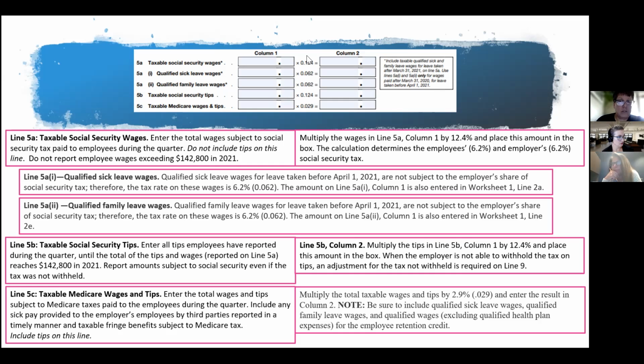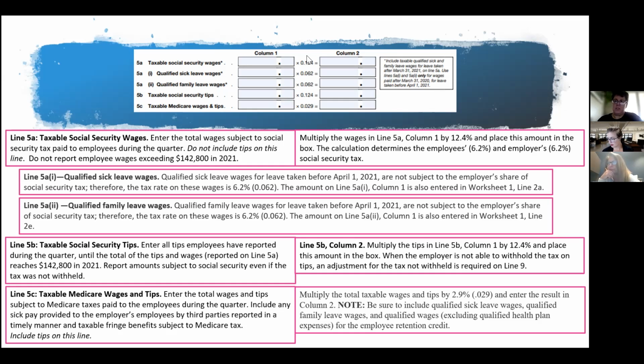It splits it out for Social Security, but it doesn't split it out for Medicare and wages. Line 5C is both for Medicare wages and tips. For Medicare, technically there is no limit. You're subject to Medicare no matter how much you make.